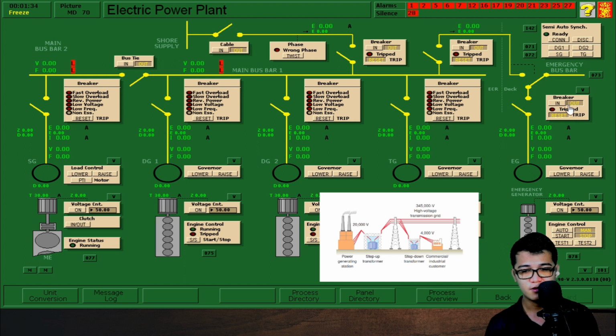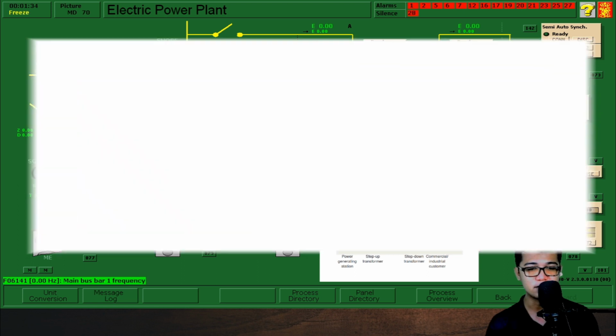Okay? So ito for emergency generator, this breaker is for turbine generator, this breaker is for diesel generator 2, so on and so forth. Now, after this breaker is connected, okay, our diesel generator 1 will now be actually connected to our main bus bar 1.